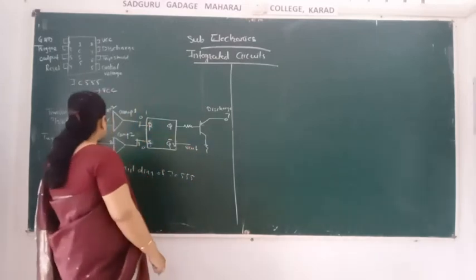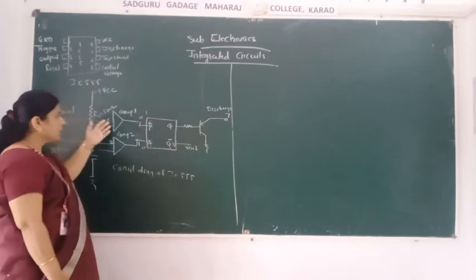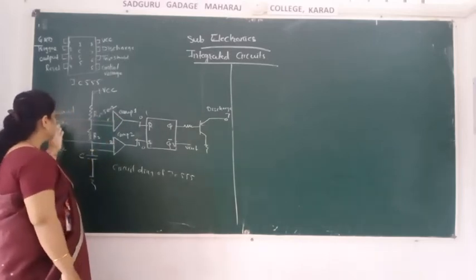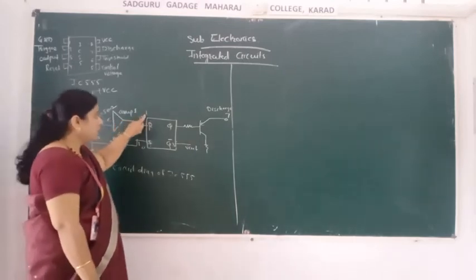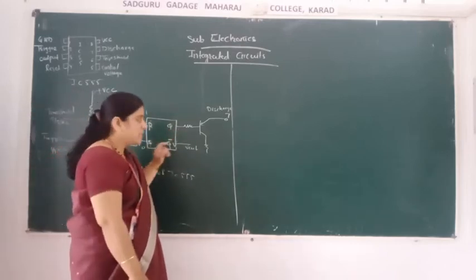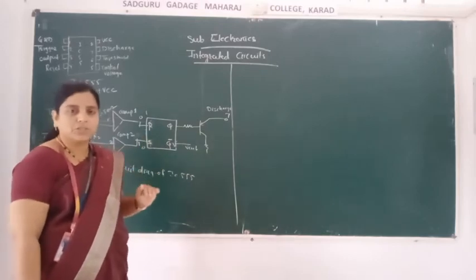When 2/3 VCC is greater than 1/2 of VCC, then the upper comparator will be high. At that time this transistor will be in the off condition. When the transistor is off, the capacitor will be charged.